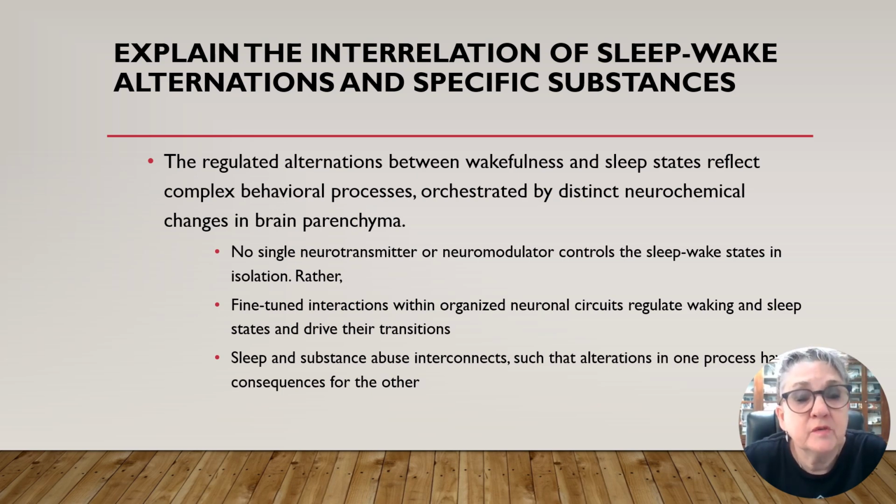No single neurotransmitter or neuromodulator controls the sleep-wake states in isolation. Rather, fine-tuned interactions within organized neural circuits regulate waking and sleep states and drive their transitions. Sleep and substance abuse interconnect, such that alterations in one process have consequences for the other.